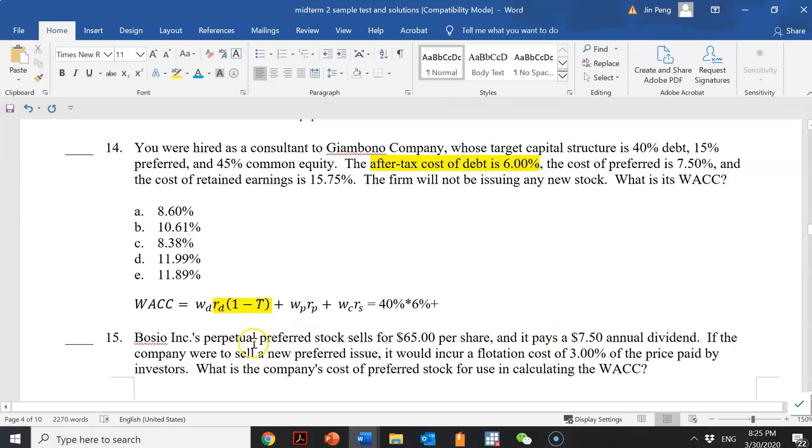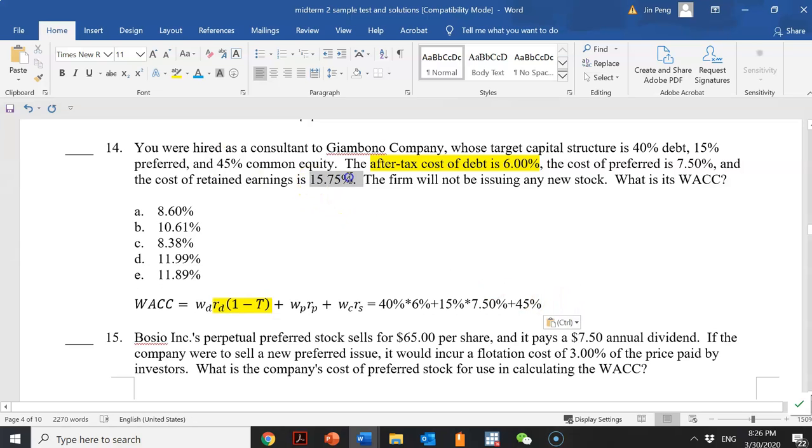plus WP, weight for preferred stock. It should be 15% here, multiplied by RP, cost of preferred stock. So it's 7.5% plus WC, weight for common equity. So it's 45%.